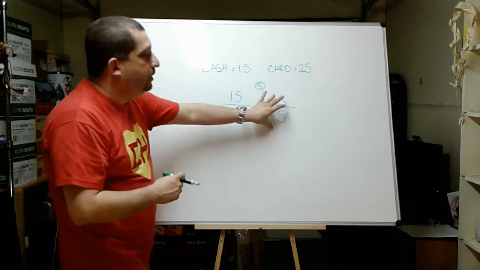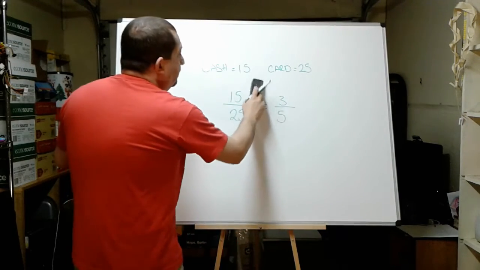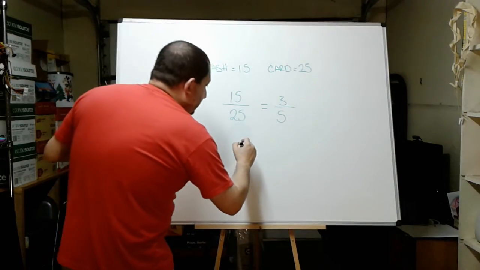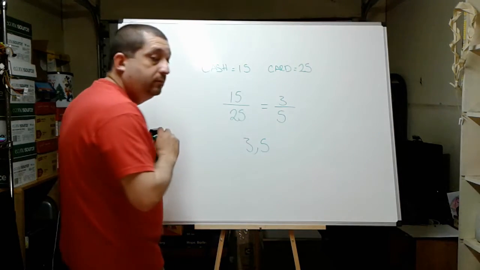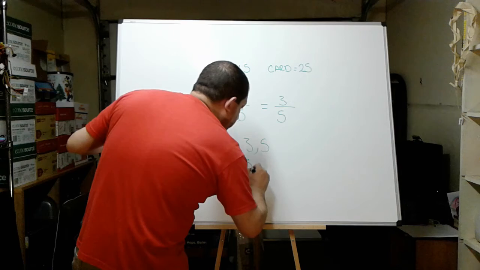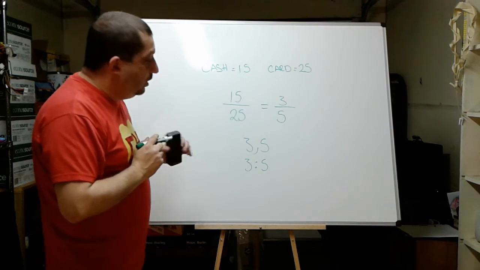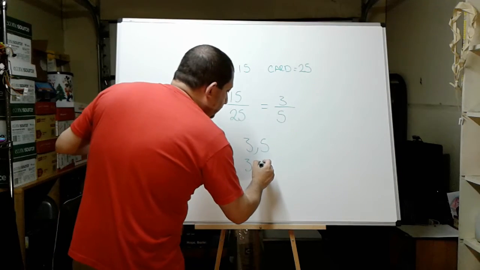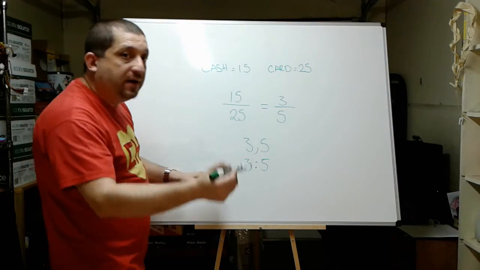Actual numbers, ratio numbers. Now the ratio numbers, we usually represent them like this: 3 to 5. We can also do this, 3 colon 5. Or we can also represent this ratio as 3 of 5.